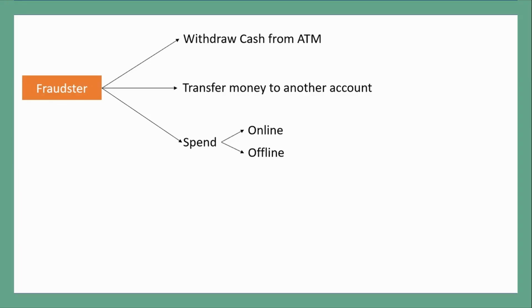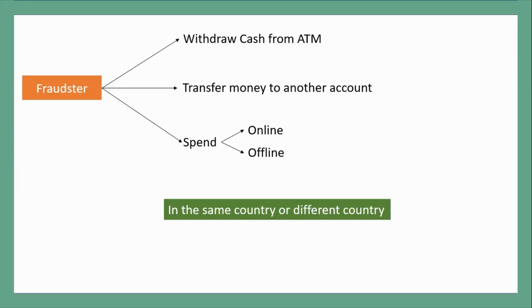Online, it could be buying stuff from an e-commerce website, or sending money to a crypto exchange, buying crypto, or sending money to a casino, those kinds of places, or offline, purchasing through swiping the card on a POS machine. And the fraudster could be in the same country as the customer, or the fraudster could be in a different country.